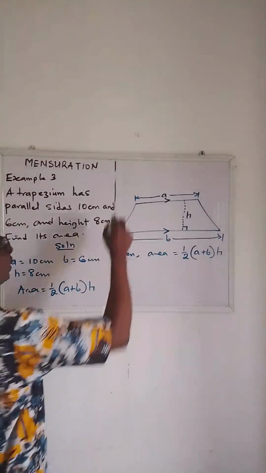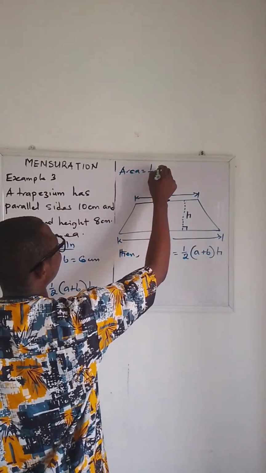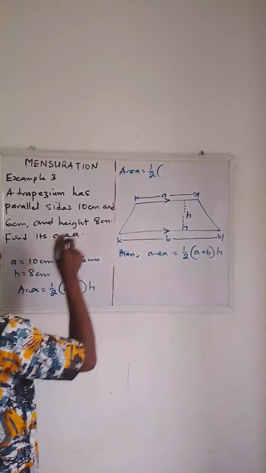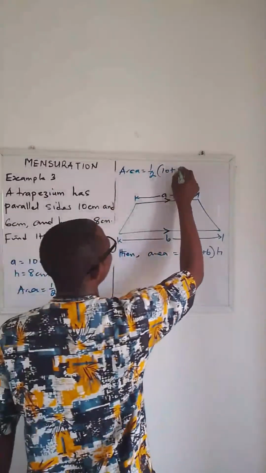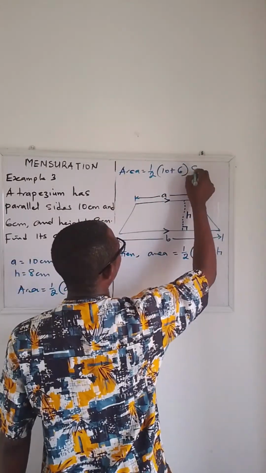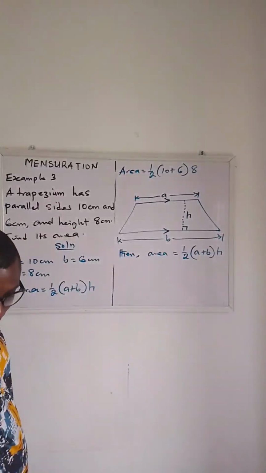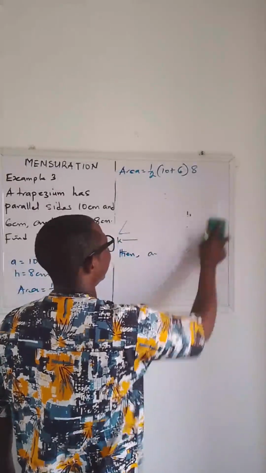So area now will be equal to 1 over 2 times A is 10 plus B is 6, times the height. The height is 8. Now let us add what we have in the brackets together.